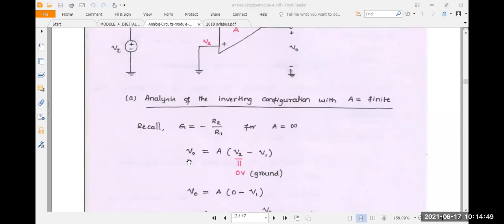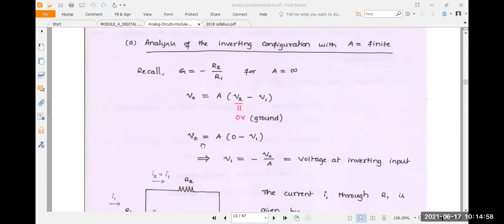You take the V0 equation, that is A into V2 minus V1. V2 is 0, V1 acts as a virtual ground. So for that you can write A is equal to 0 minus V1. So VT is 0, VT is ground, right? Substitute VT is equal to 0. Then V1 you take outside. So what will we get here?